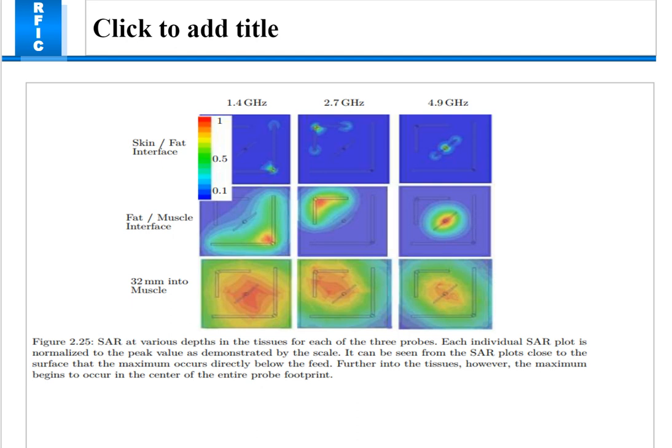It can be seen from the SAR plot that the peak occurs close to the center of the entire probe footprint. Skin-fat interface, fat-muscle interface, into muscles.